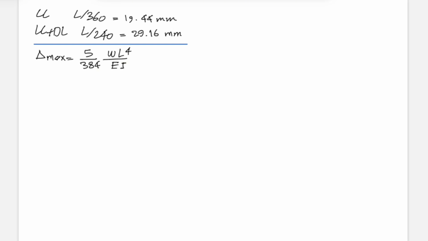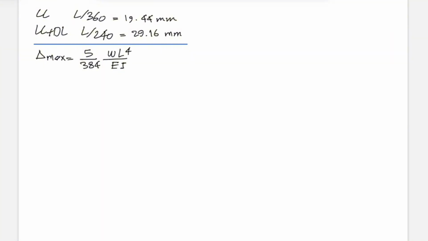So we're going to calculate the maximum delta once for live load, and once for live load plus dead load. To do so, we need to calculate the linear load for live load and for live load plus dead load.